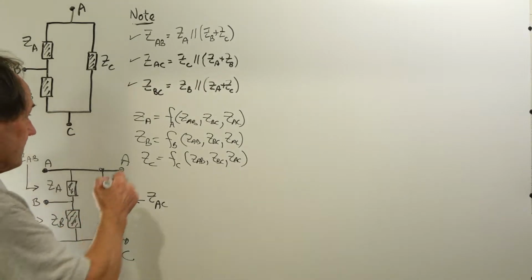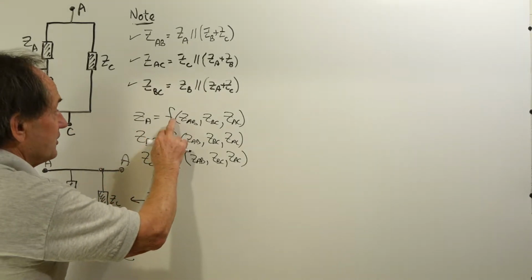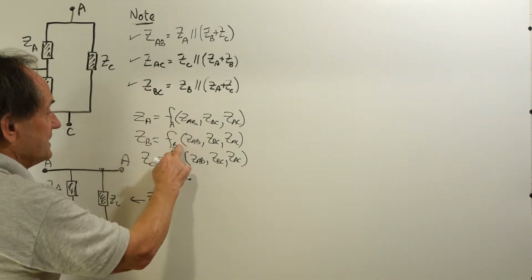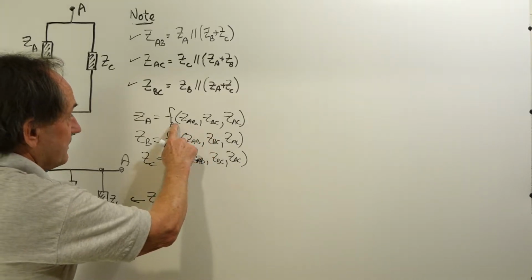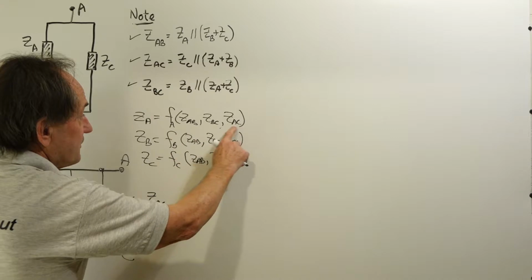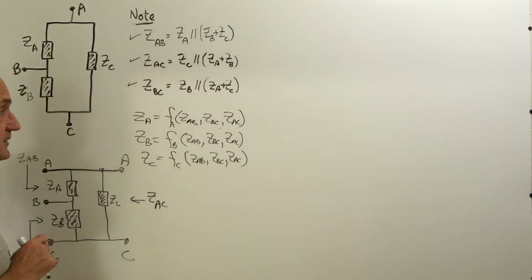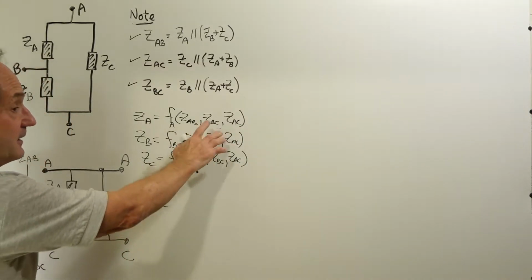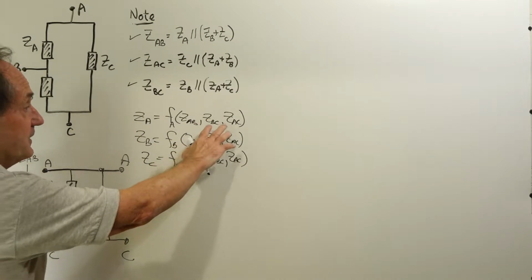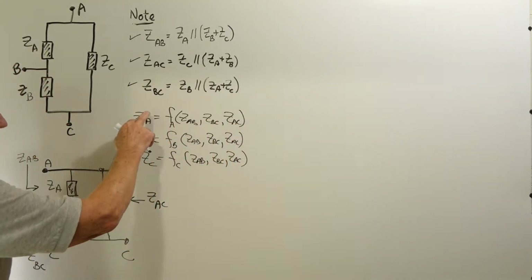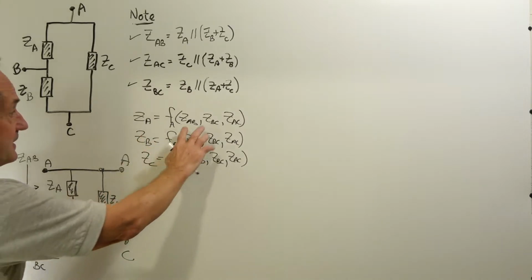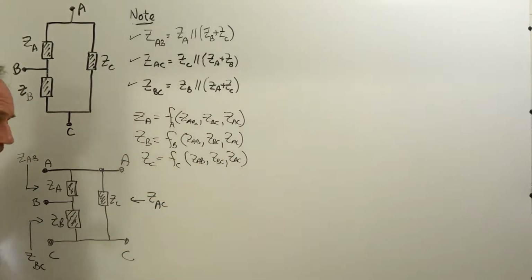So we want to be able to determine these functions A, B, and C that have these three variables in them. So we can think of this as 3 degrees of freedom, 3-space, and we want to determine ZA, ZB, ZC in terms of these values. So that is the problem.